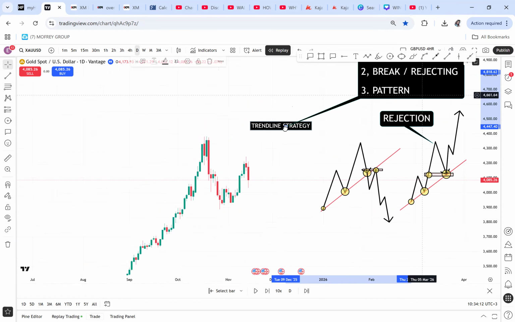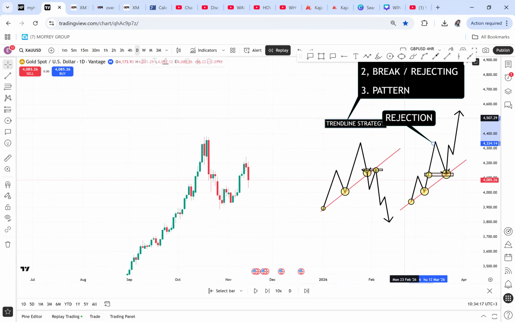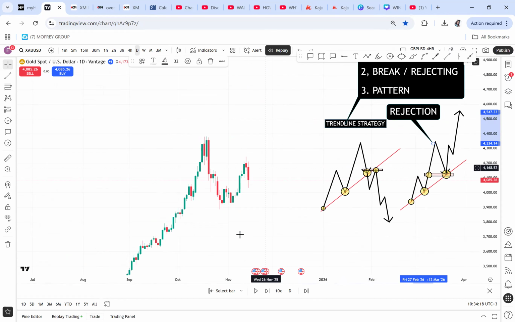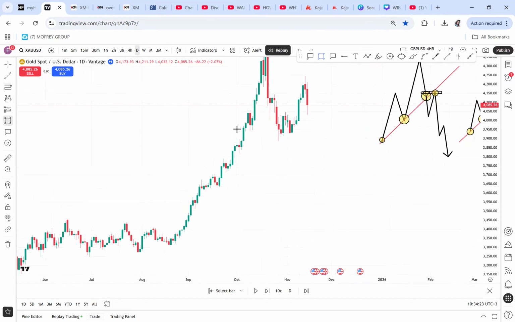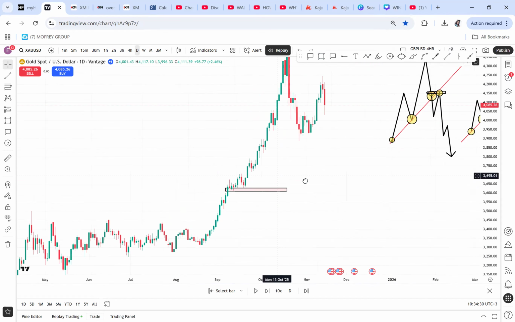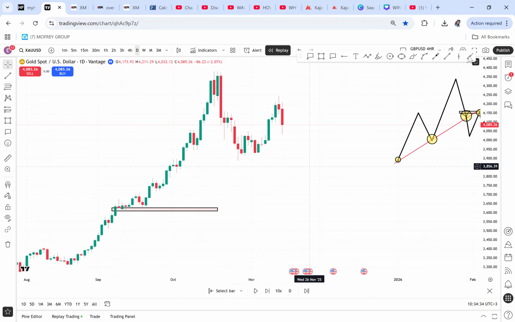Of course, I'll be looking for a buy, and I'm looking for rejection because I don't want to go against the trend. So I will look where I have a double bottom, and I can see a very small double bottom there. So I would want to start my trend line in this area because it's a very major key zone.